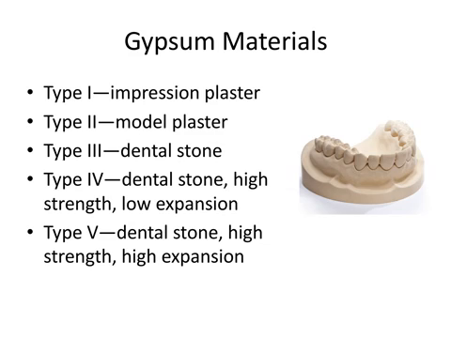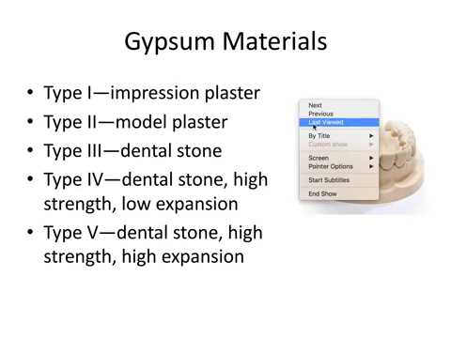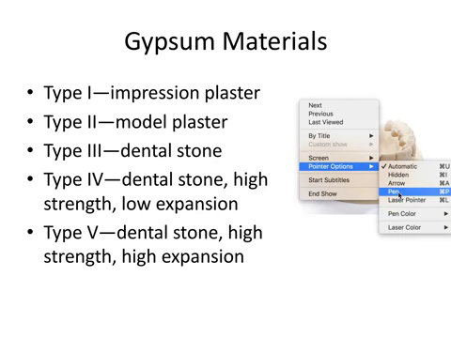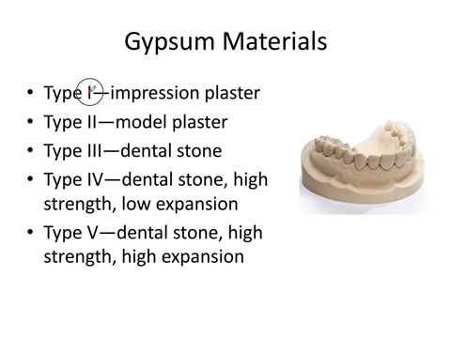So, the 5 different versions of gypsum used in dentistry that we'll be going over today are these 5. And they're conveniently listed type 1 through type 5. Type 1 is impression plaster, and how I remember this is that the 1 in the Roman numeral 1 looks an awful lot like the I in impression.